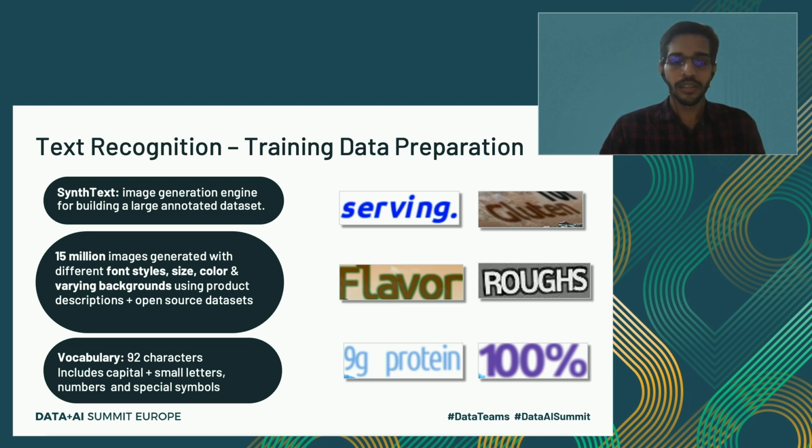Finally, we had 92 characters in the vocabulary, which includes capital and small letters, numbers, and special symbols. We included special symbols because a lot of special symbols go into the product image setting.